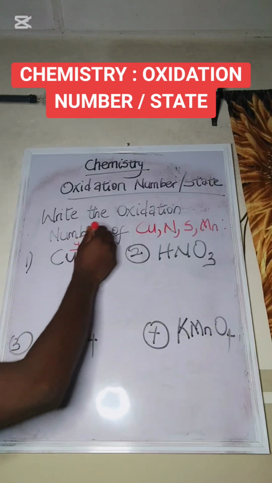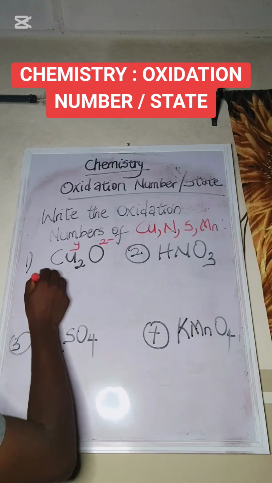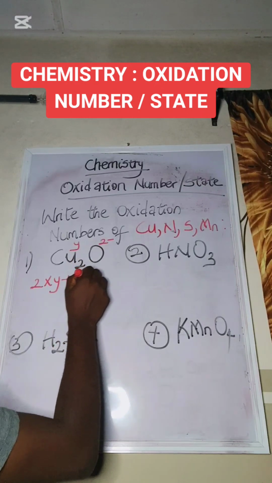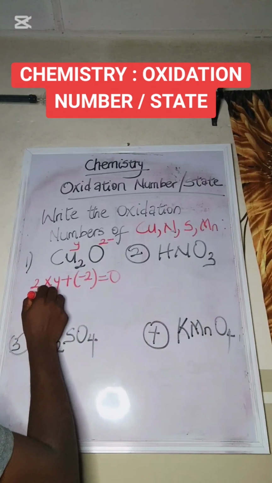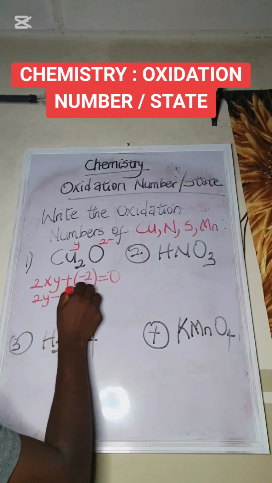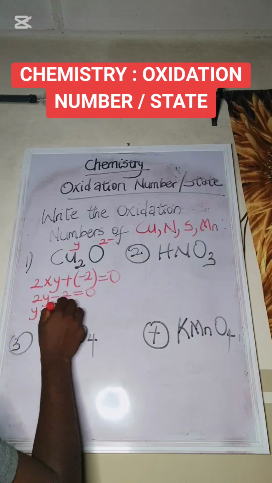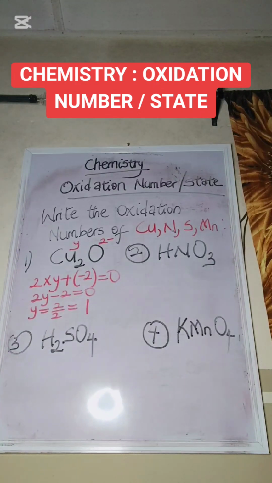Oxygen usually has -2, so we have 2 times y plus -2 is equal to 0. So 2y minus 2 is equal to 0, so y is equal to 2 over 2, which is equal to 1. So the oxidation number of copper, Cu, is 1.